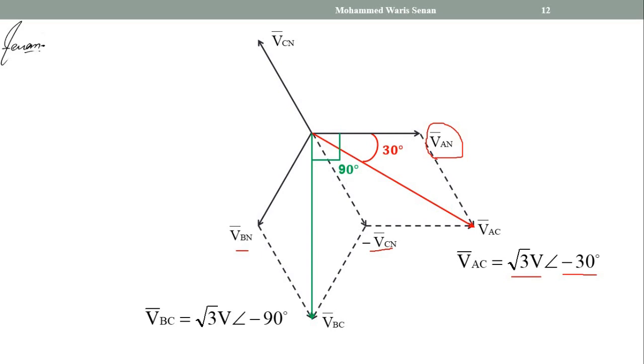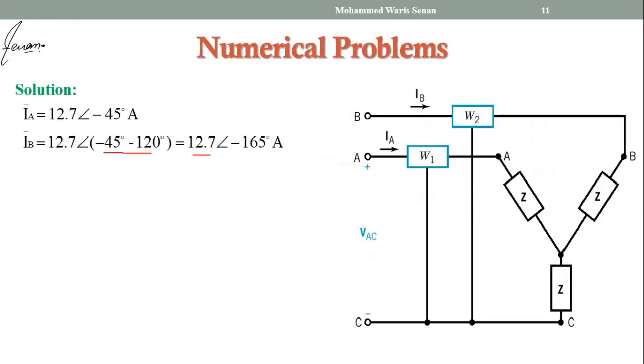Again in this case also we need only the angle because the magnitude is given, 220 volts. So we can say that VBC is equal to 220 angle minus 90 degree and VAC is equal to 220 angle minus 30 degree. So we have calculated VBC and VAC.